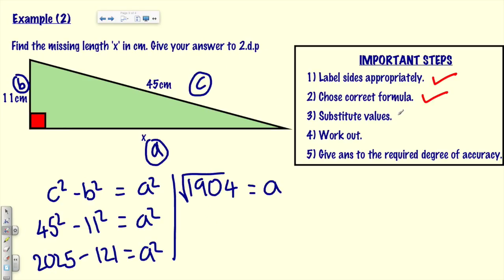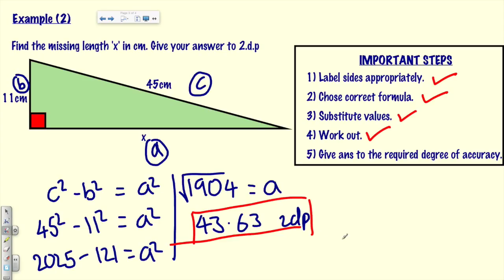So we substitute the values, we work it out, and now we're here. It is 43.63 to two decimal places. Box our answer to make it clear to the examiner, and we'll get around 3 marks on this as well. So follow all the steps and find the answer.